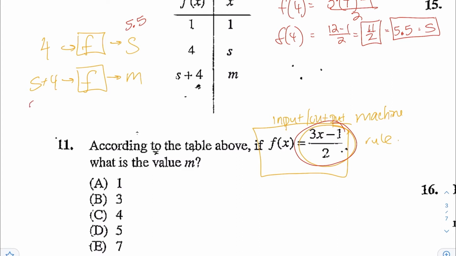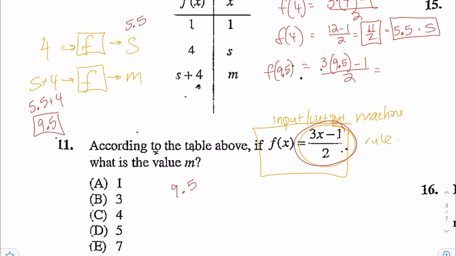So if s is 5.5, 5.5 plus 4 is going to be equal to 9.5. So you'll have to substitute in 9.5 for the function. And this function is telling you to first multiply by 3. Then you subtract 1, and then you divide by 2.